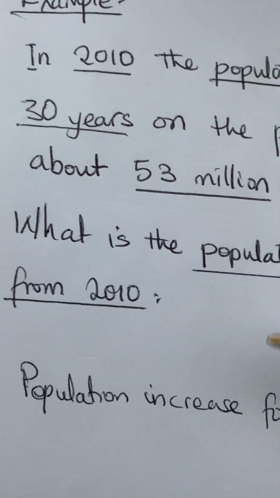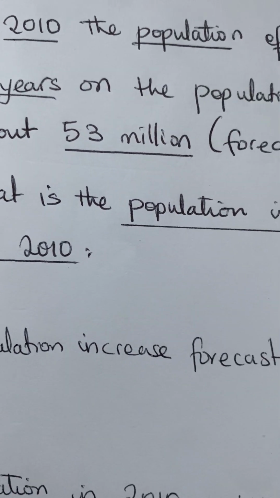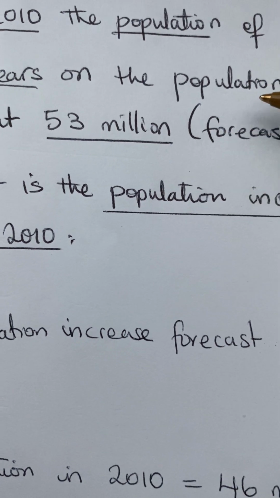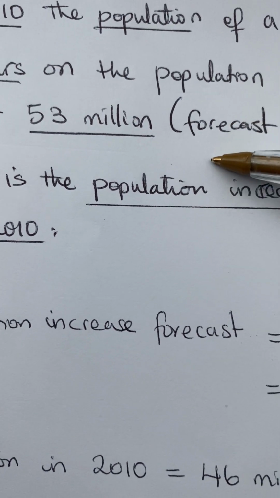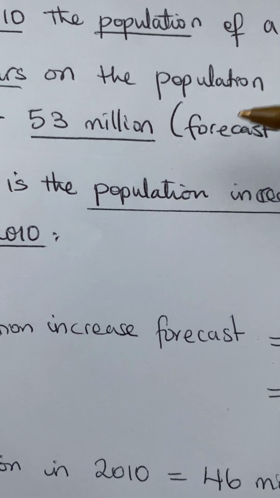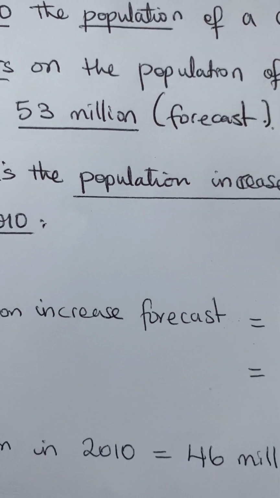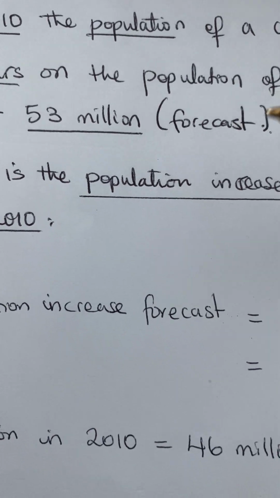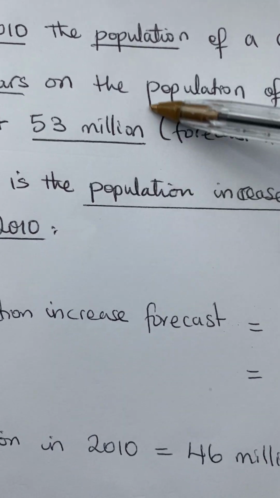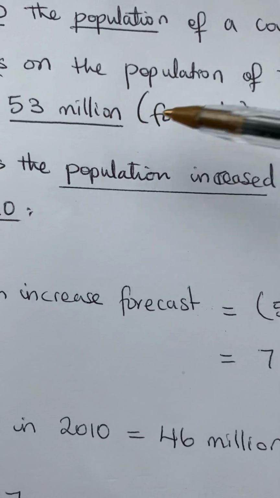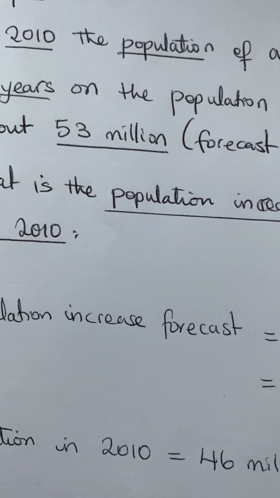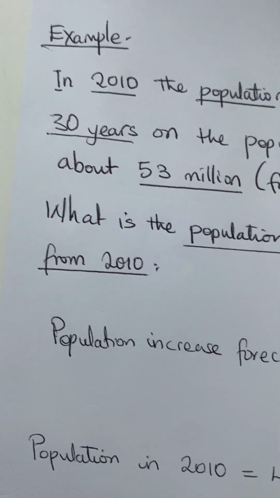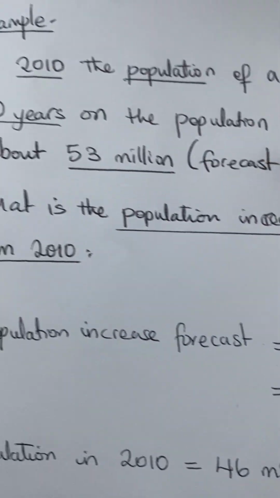But they forecast, normally they do that. So to this year 2023, they can forecast and say the next 10 years or the next 20 years or the next 30 years. This is how many people we expect to be living in this country or this part of the world. So this is their forecast.